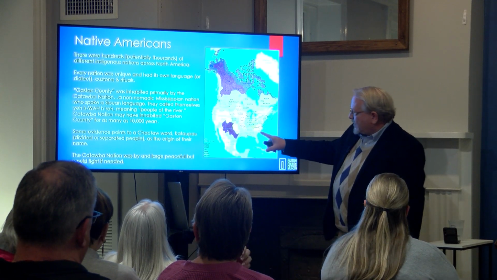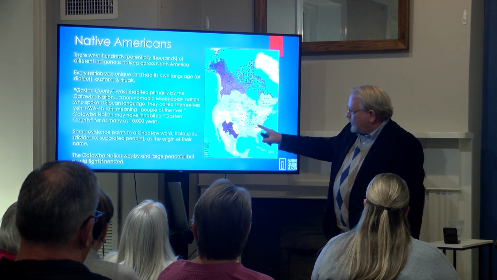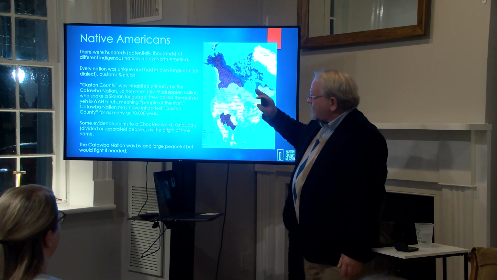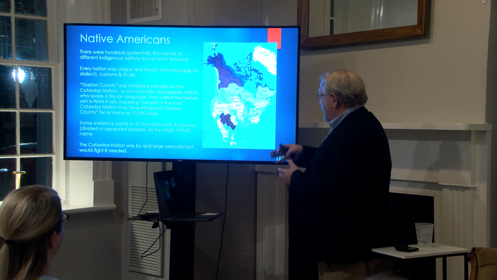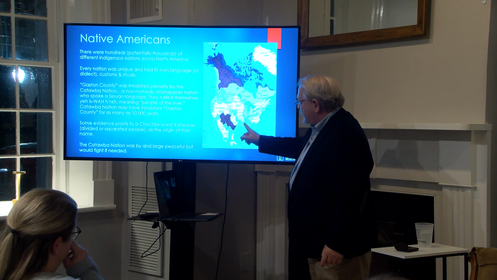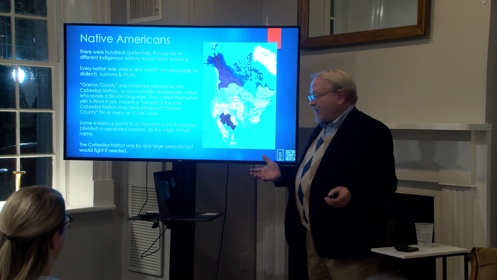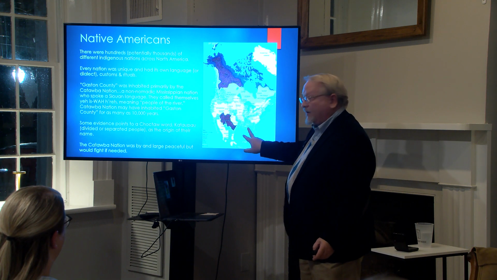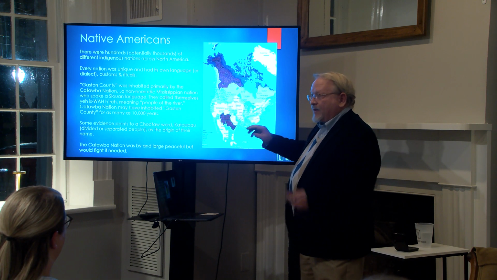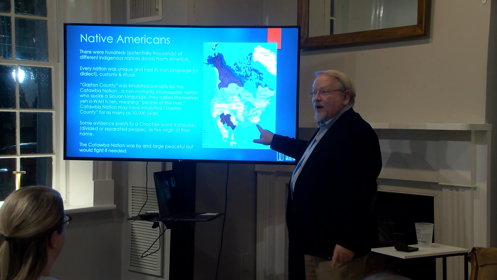But you can see the Catawbas and the Cherokee, the Tuscaroras were all right here in North Carolina. Gaston County was predominantly Catawba, and they were actually a branch of what we call the Mississippian Native Americans, because they all started right along the Mississippi Valley, and then some branched off and spread out, and that's what the Catawbas did.